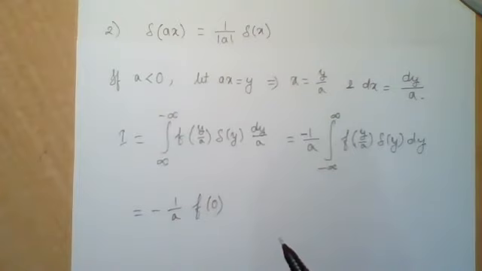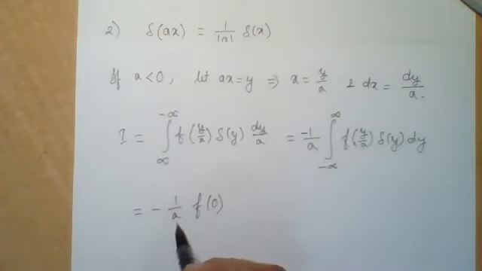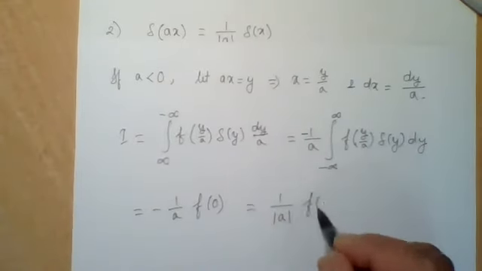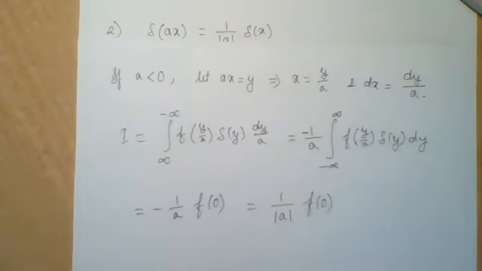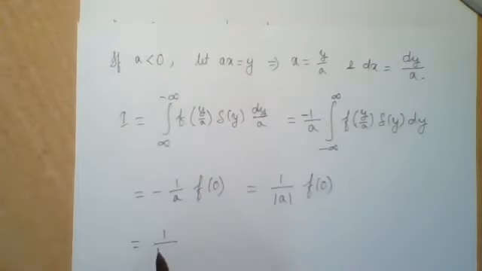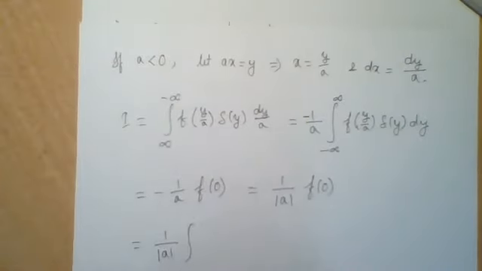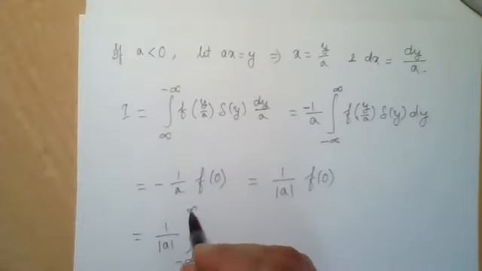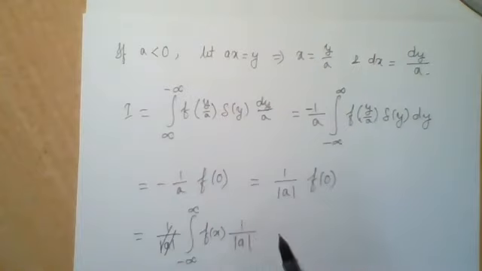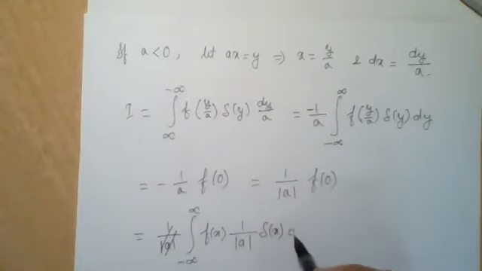And what is minus 1 by a? This is nothing but 1 by minus a. And since a is negative, minus a is equal to modulus of a. Okay, f of 0. And this is equal to 1 by modulus of a integration from minus infinity to plus infinity f of x, 1 by modulus of a should be inside, 1 by modulus of a delta x dx.